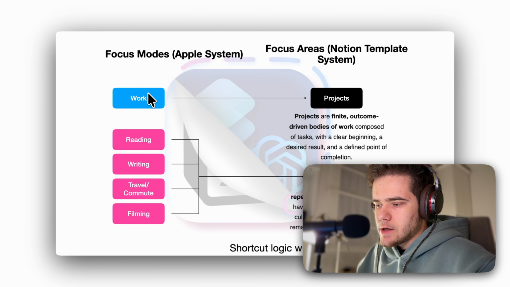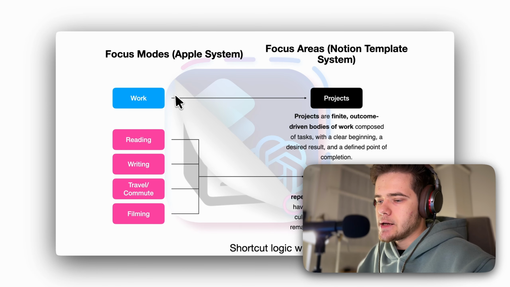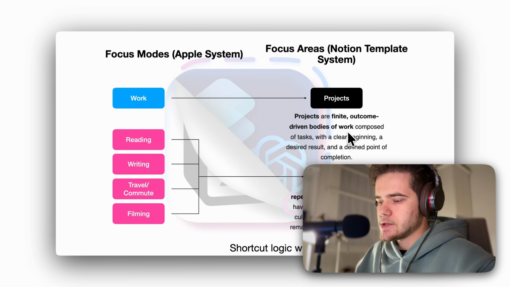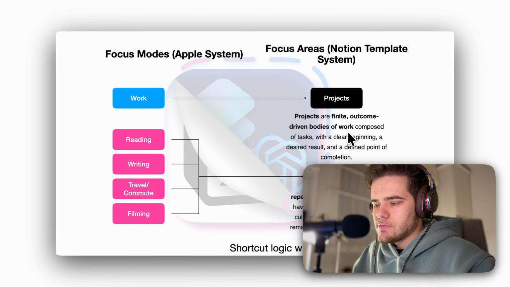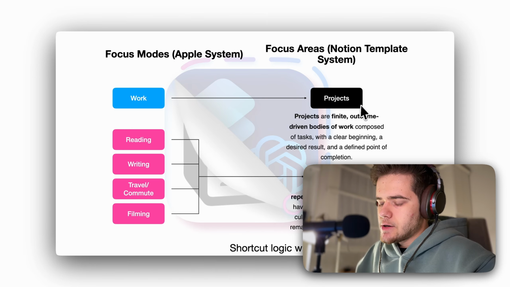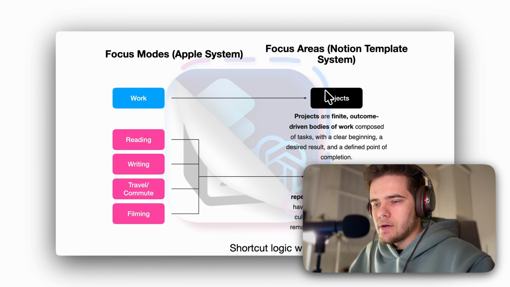What I decided to do is separate one focus mode from the others and assign it to projects in our lives. Projects are finite, outcome driven bodies of work. This is just the correct definition of projects that I wanted to remind you of quickly, to make clear what I mean by them.